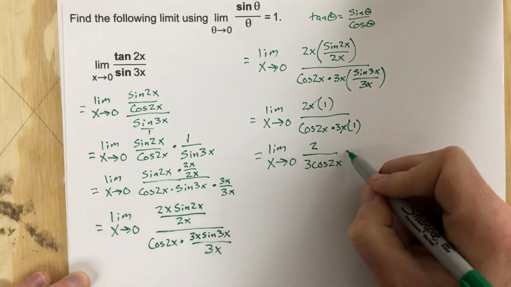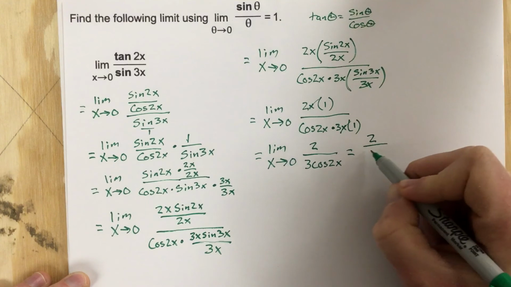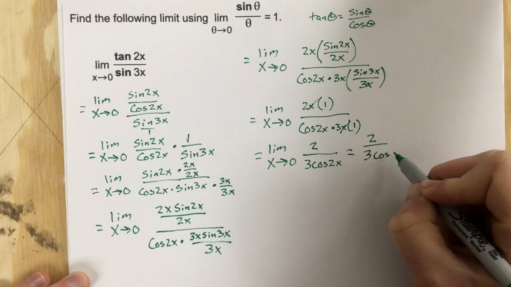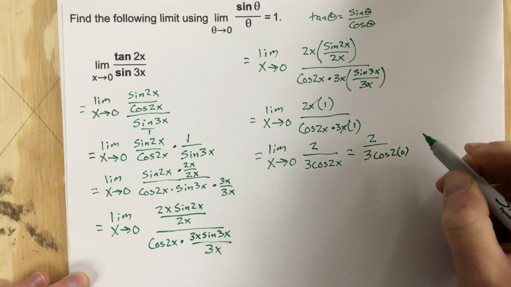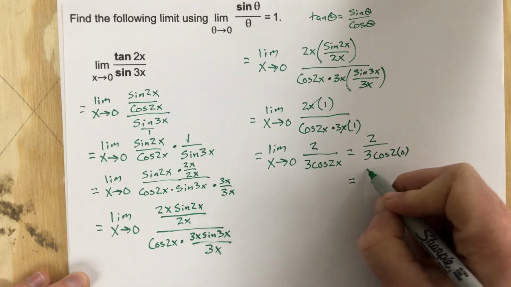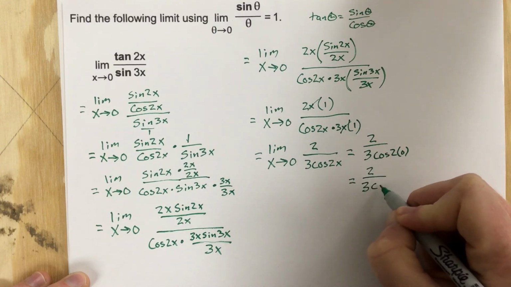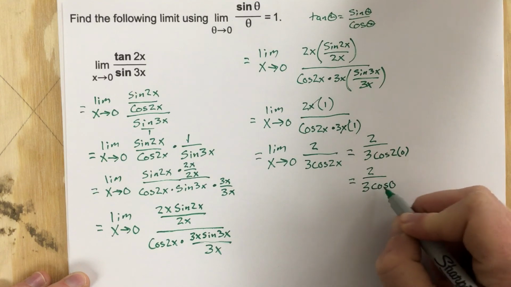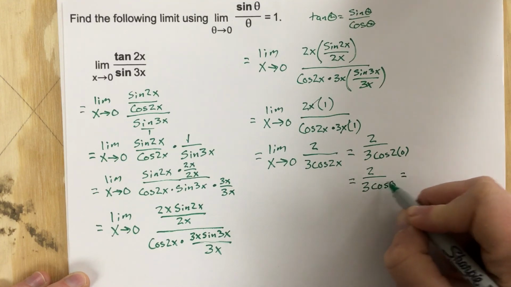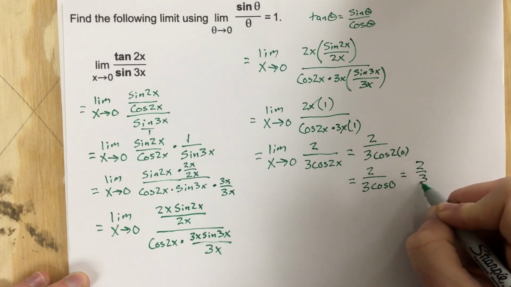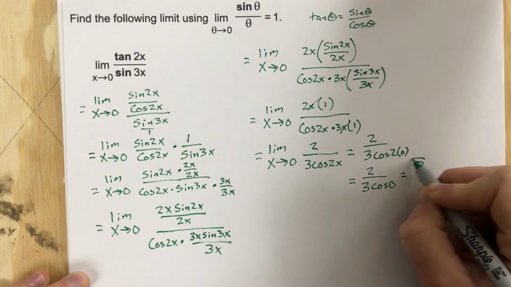Now I can plug in my limiting value, so I get 2 over 3 cosine 2 times 0. So I end up with 2 over 3 cosine of 0, and we know cosine of 0 is 1. So because this is 1, it's really just 2 over 3 for the limit.